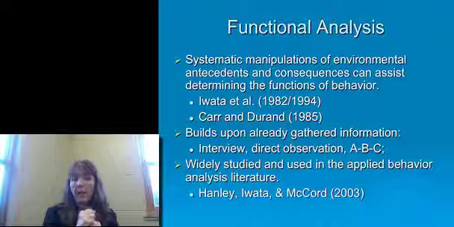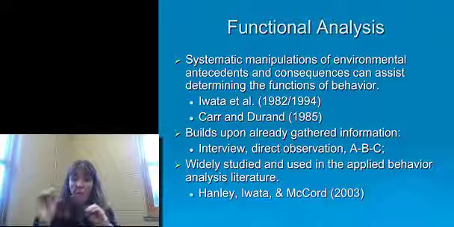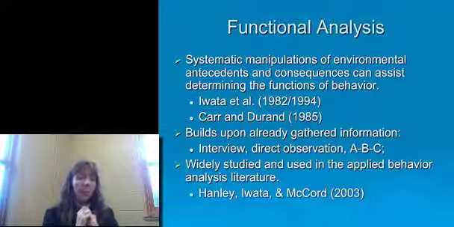That is more labor intensive and is something that generally requires an independent observer, whereas the ABC data can be collected by classroom staff. However, sometimes it's really helpful, even when doing ABC analyses, to have either IOA, inter-observer agreement, so another person collecting data to see if they would agree on what happened before and after, or an independent person collecting even those ABC data.